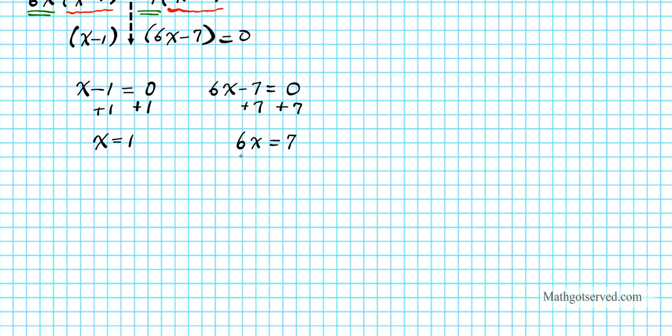Divide both sides by 6. You have x equals 7 over 6. So your answers are 1 and 7 over 6. Alright, so there you have it.